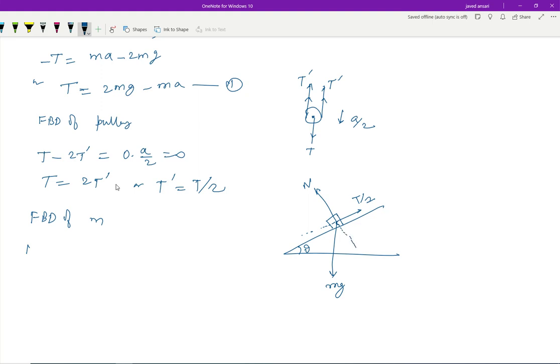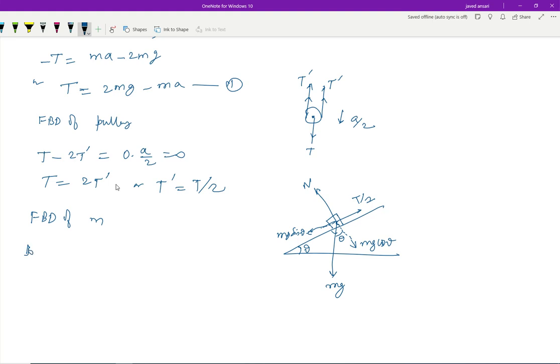So if this is angle theta, this angle will become 90 minus theta. If this is 90 minus theta, this angle will become theta, right? So this mg will have a component mg cos theta in this direction, and then it will have an mg sin theta in this direction, right?